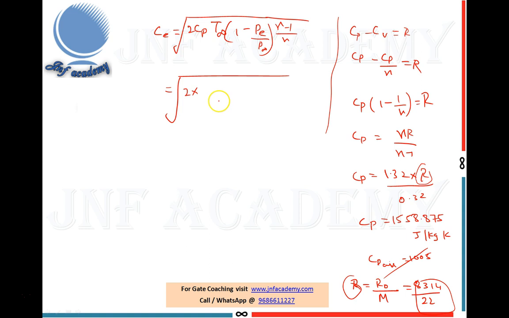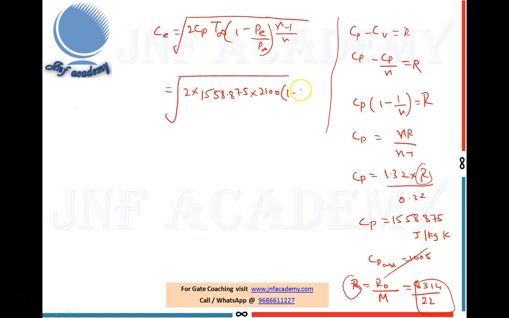So now we have got the Cp, 1558.875, into T infinity, which is already given in the question. I think it's 2100 Kelvin. And 1 minus P by P infinity is also given, right?